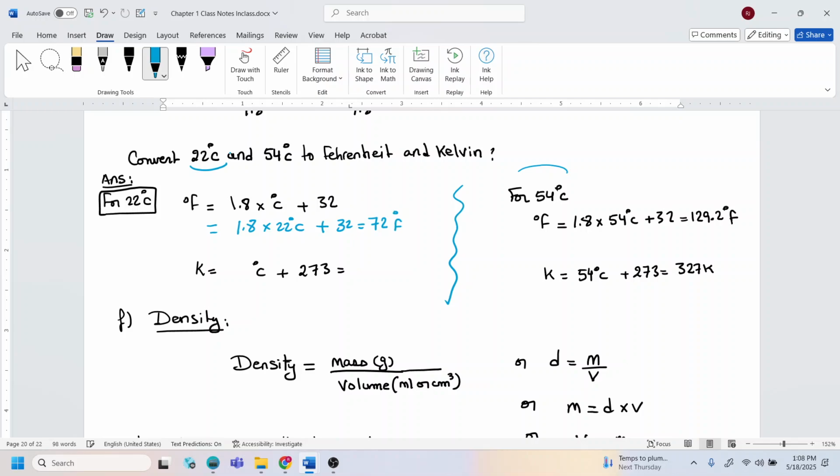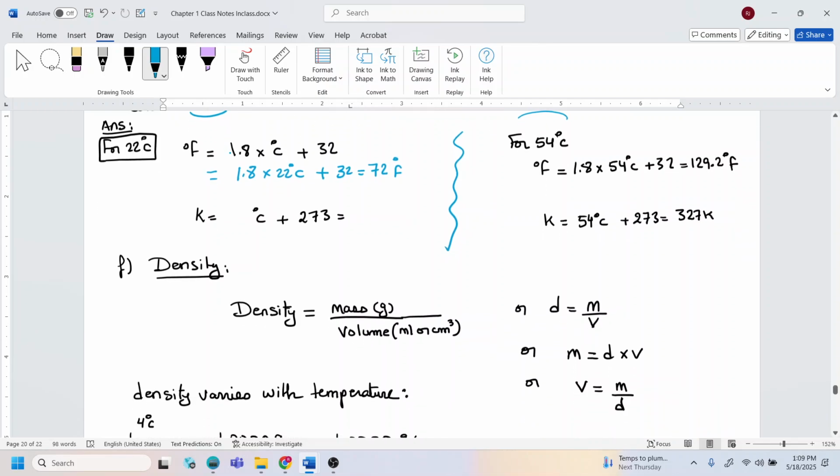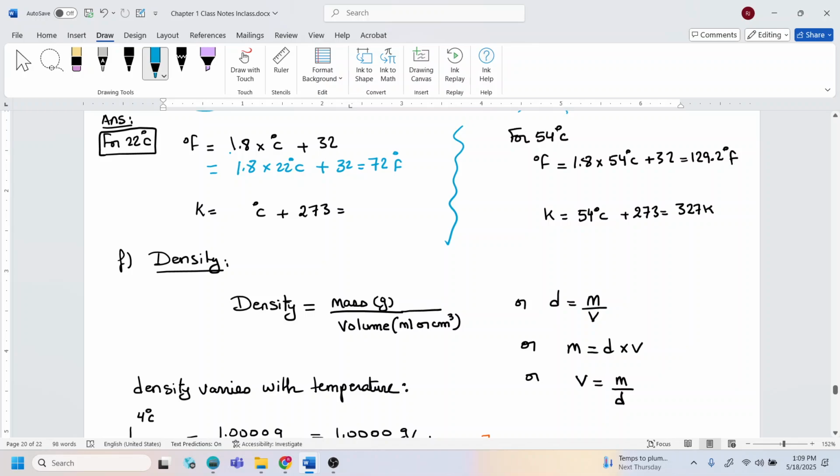You can use your calculators, of course, in the exam. Just make sure that we are using a non-programmable calculator, please. So K is equal over here. Once you want to change it into Kelvin, then I know what's the Celsius, which is 22 degrees Celsius.